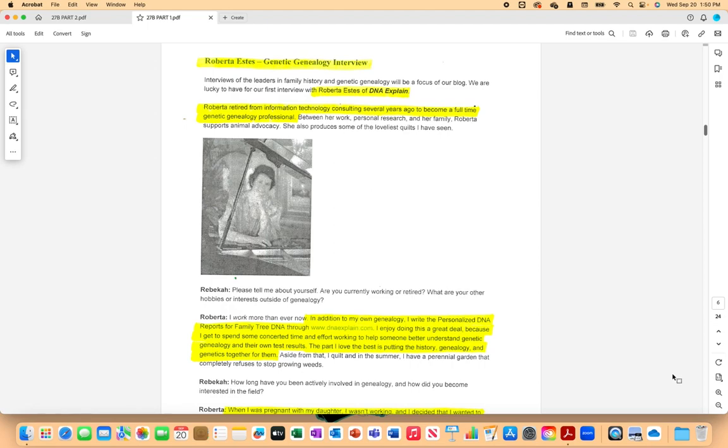I enjoy doing this a great deal because I get to spend some concerted time and effort working to help someone better understand genetic genealogy and their own test results. The part I love the best is putting the history, genealogy, and genetics together for them.